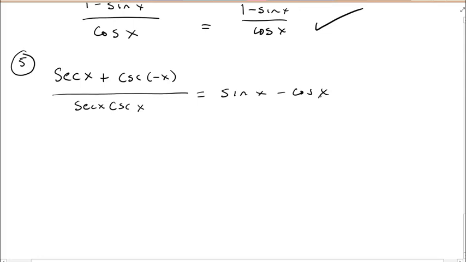All right, a couple things I want to notice about the left-hand side and right-hand side here. Well, my right-hand side is just sines and cosines. My left-hand side has a lot of stuff going on.